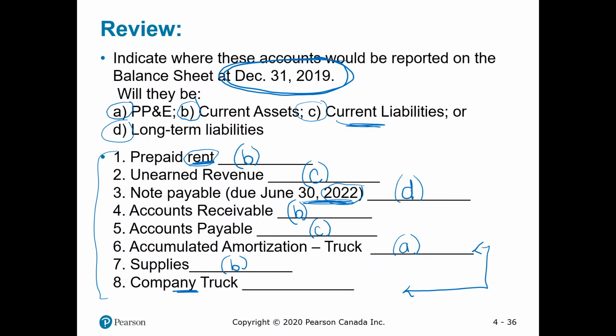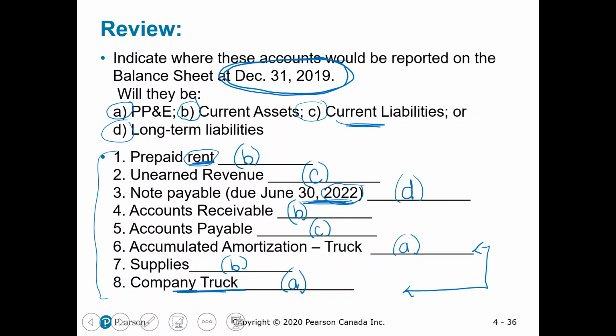Again, a company is not going to purchase so much supplies that it sits on the shelf for more than 1 year. They would only buy enough to use in this short-term period, so within a year. So it is a current asset. And the company truck, well, we're going to have this truck, we expect at this point, for more than a year. So trucks or any other type of property, plant, and equipment are lumped together as PP&E, which is a long-term asset.